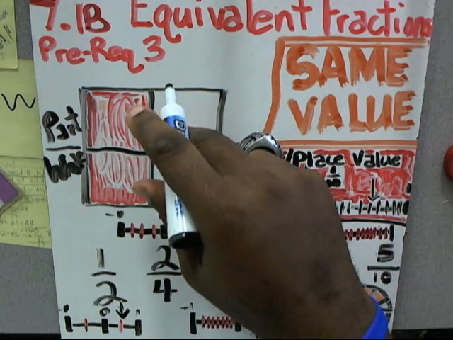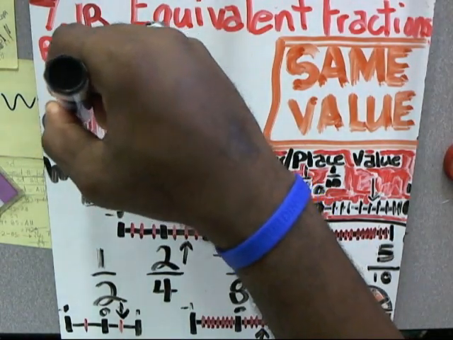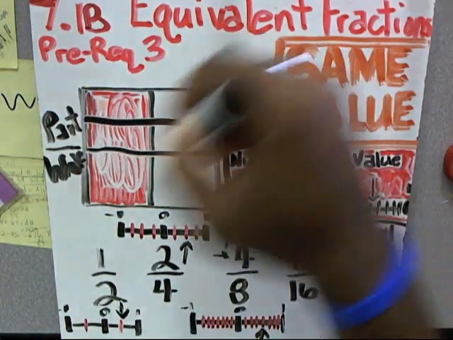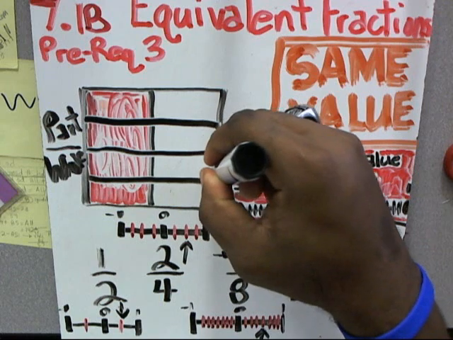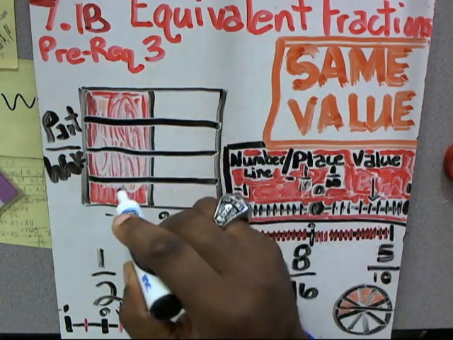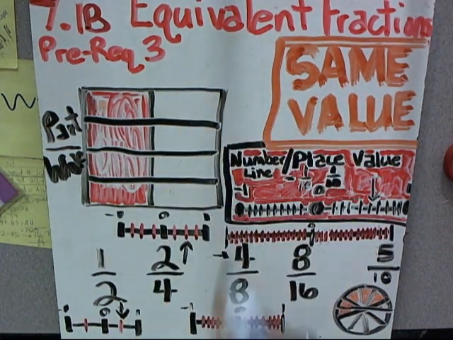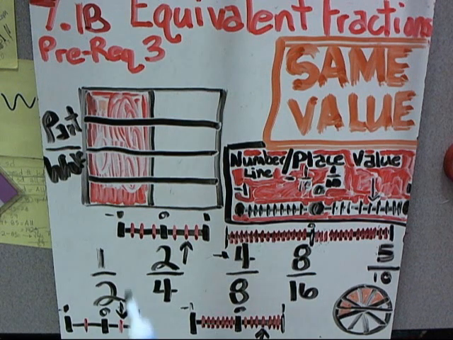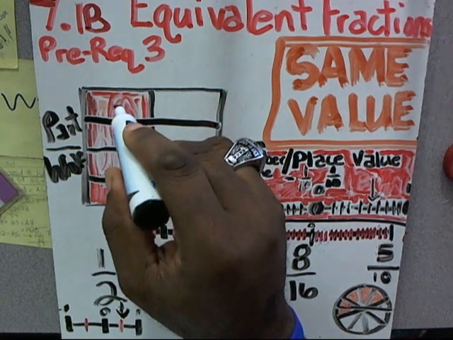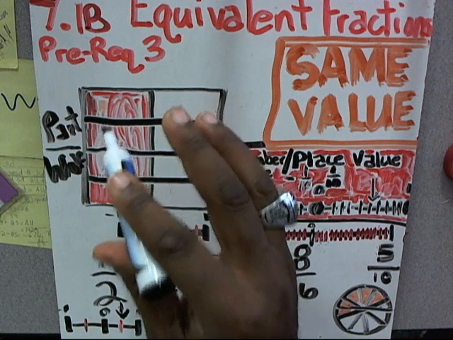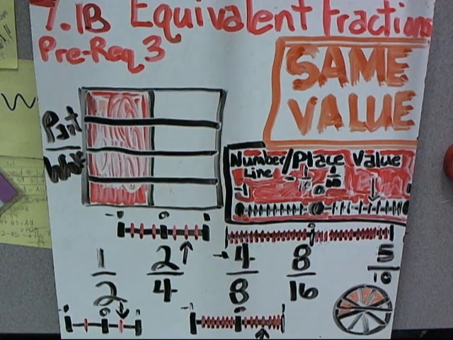If we was to look over here, and let's say we added 2 more lines, 1, 2, 3, 4, 5, 6, 7, 8. We have a total of 8 parts, but still, the part that is shaded in is still the same.